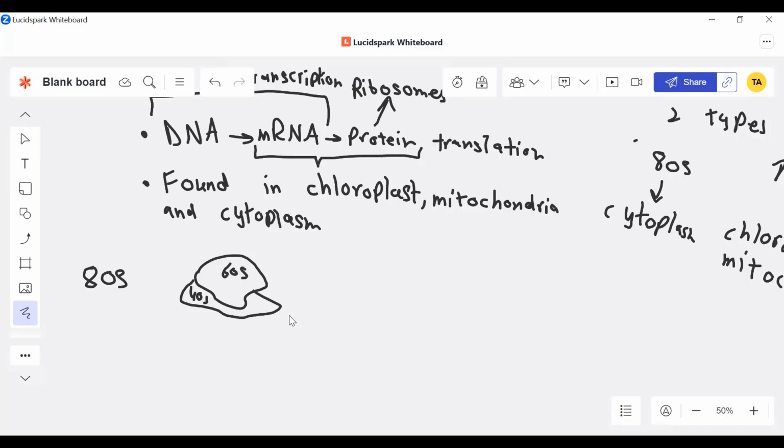The 60S is the bigger part, and the 40S is the smaller unit of the ribosome. And these two come together in protein synthesis. All right. And that was pretty much what you needed to know about ribosomes.